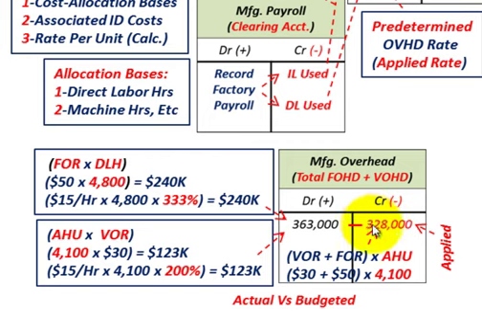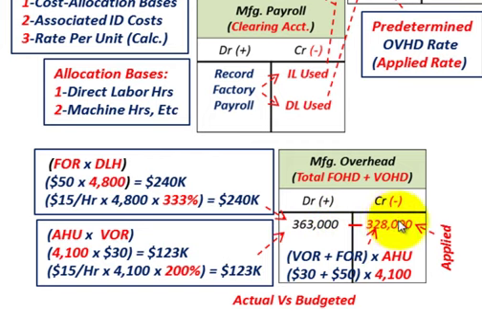One other thing: you're looking at this $328,000, and you have to compare it to what you accumulated, $363,000. The difference has to be accounted for. At the end of the period, you have to make some adjusting entries, and the difference is going to go into an idle capacity variance or something of that sort.